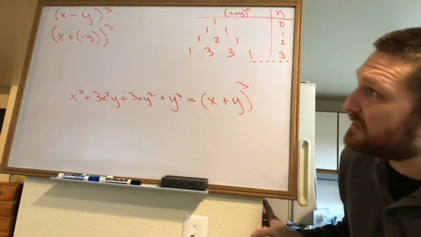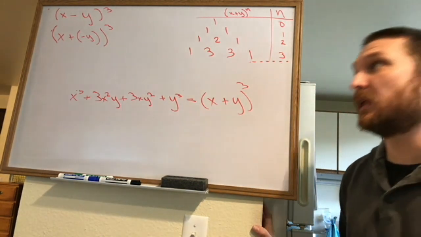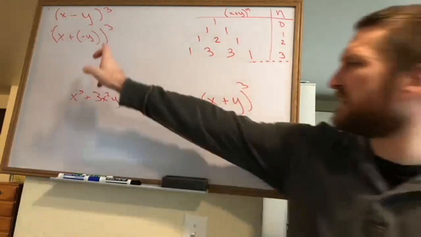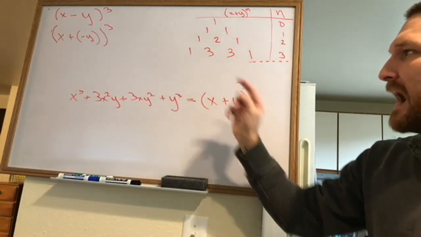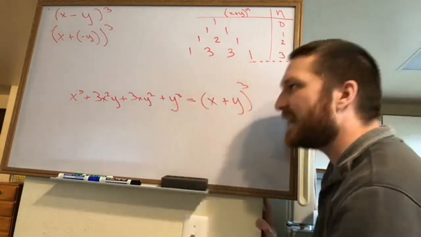You say something minus something is the same as plus a negative. And now you could say, well, wait a second. Everywhere that I see a y, I'm just going to replace it with a negative y.